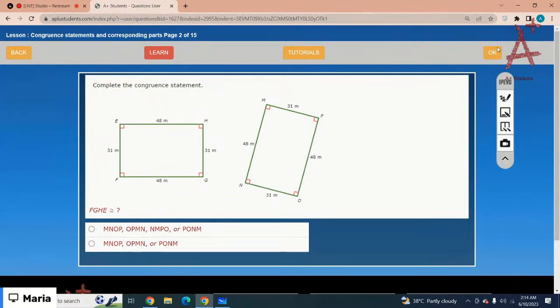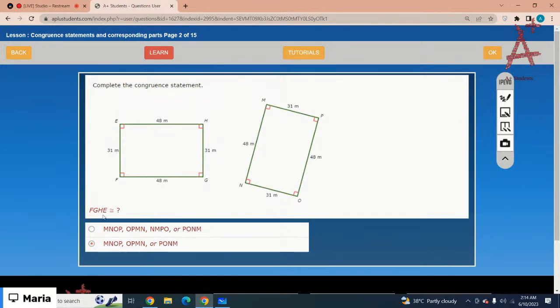Okay, complete the congruence statement. Okay, so here you have FGHE. So EH is congruent to MN, FGHE. So it would be MNOP, OPMN, and PONM. Like you have all the measurements would be same if you go any side.